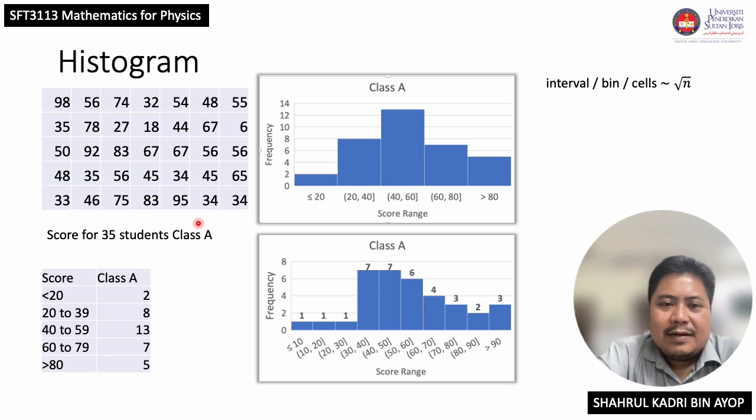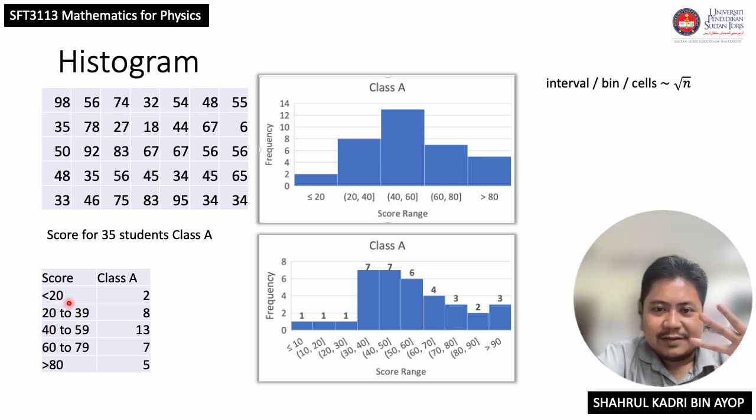So how do we get this histogram? We create several intervals. In this case, I define the intervals for scores below 20, 20 to 39, 40 to 59, and so on. So we have 5 intervals.